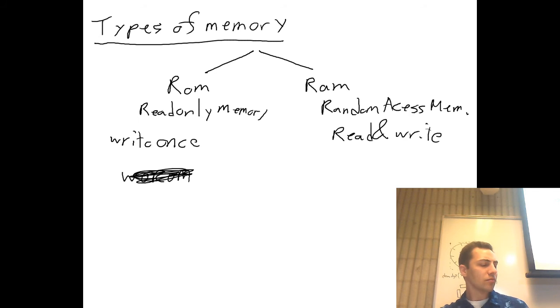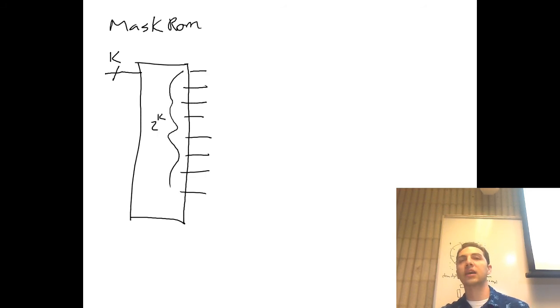Now, without going into too much detail on types of ROM, here's your basic ROM setup. Not the only way, but this would be maybe a mask ROM. Mask ROM is written once at a factory, and it consists of K address lines, and then 2 to the K decoding of it.